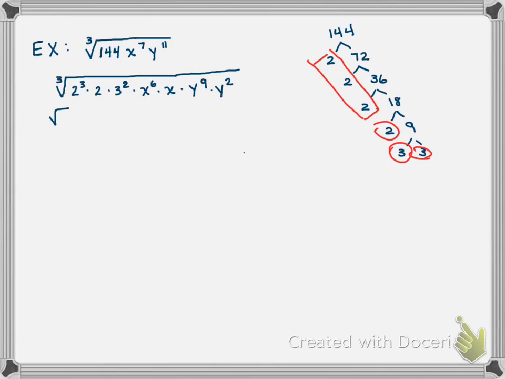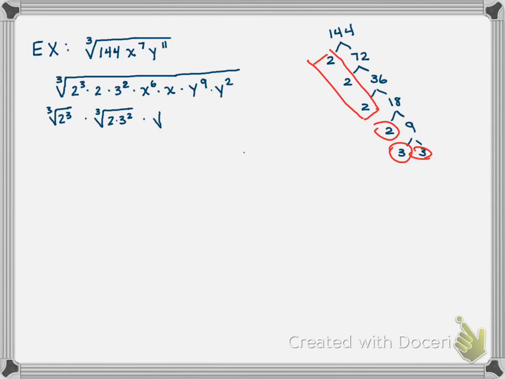And so I want to take the cube root of 2 to the 3rd. And this is a place where you can cheat a little bit as far as skipping a step. If I look at that 2 times 3 squared, I know I'm not going to be able to take the cube root of either of those. So I'm just going to not break that up at all.